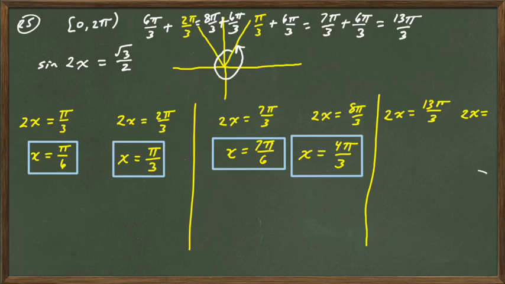That would be 14/3. Now if I multiply by 1/2, that makes this into 13/6, isn't it? Which is bigger than 2 pi, isn't it? So these I don't really need. I believe it's just those 4 answers.